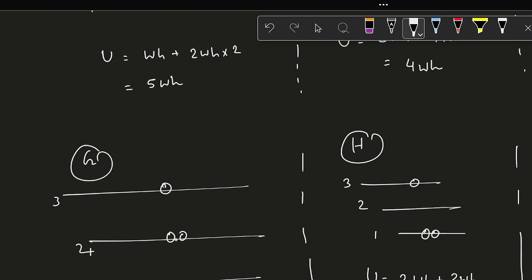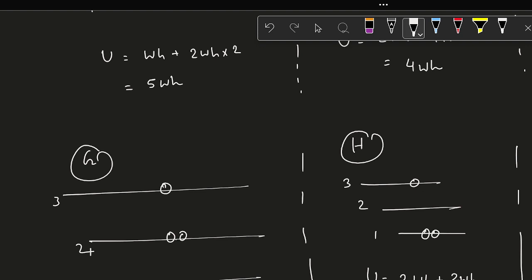Like here in the second step you have 2 people and the third step you have 1 person, but in configuration number I you have just 2 persons in the third step and 1 person in the first step. So they are both different configurations microscopically. That means they are different micro states, but macroscopically they are same because their energy and the total number of people are same. Those are the macroscopic properties. So this is an example that can be clear to you that how I am saying that they are from different micro states but they belong to the same macro state.